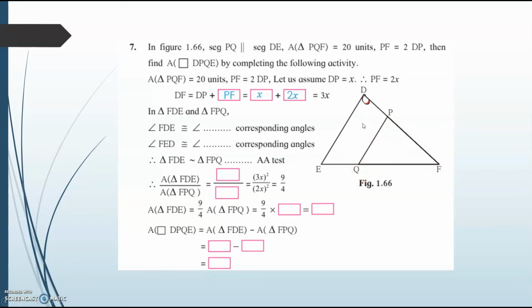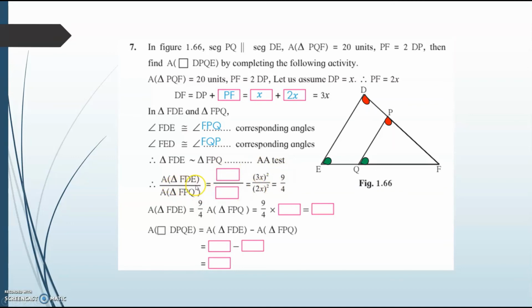Angle FDE is congruent to angle FPQ, and the reason will be corresponding angles. Angle FED is congruent to angle FQP. Therefore, triangle FDE is similar to triangle FPQ by AA test.